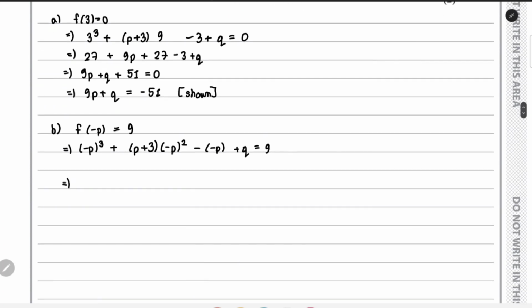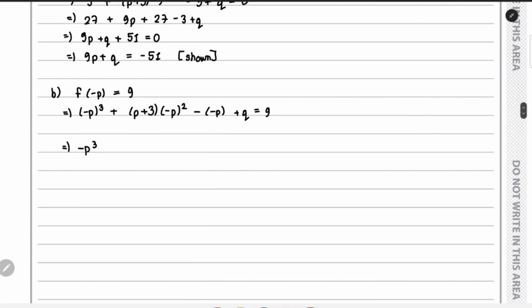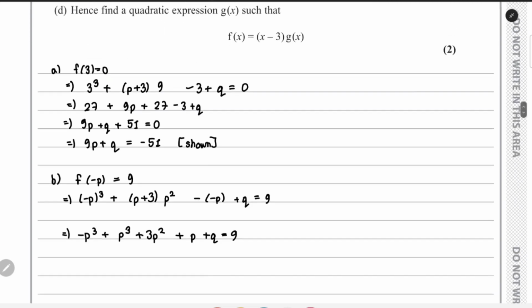So minus p cube, we have p times minus p square is basically minus p cube, so we have plus p cube plus 3p square plus p plus q equals 9.